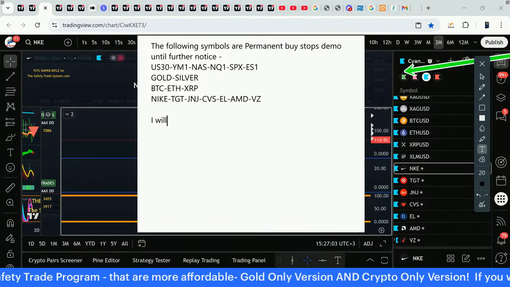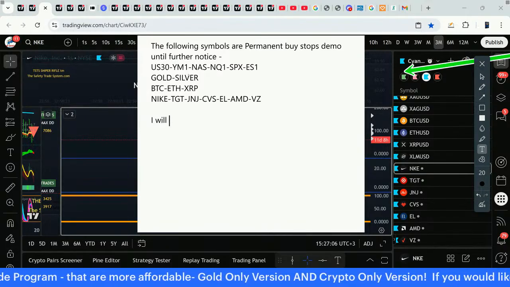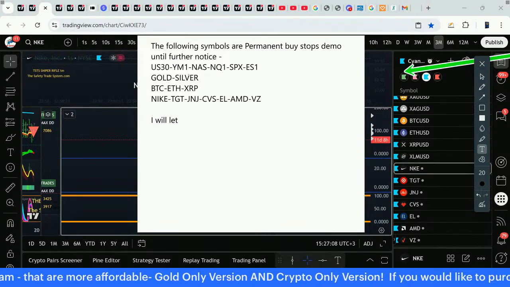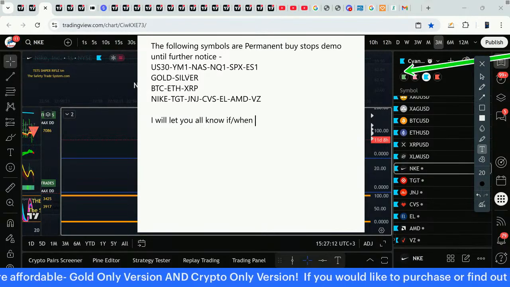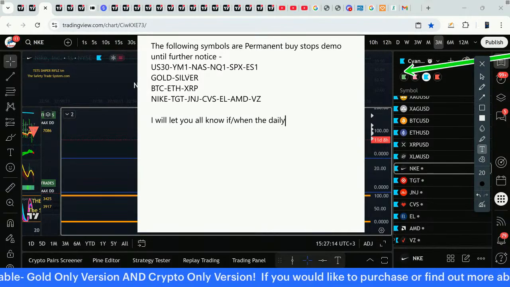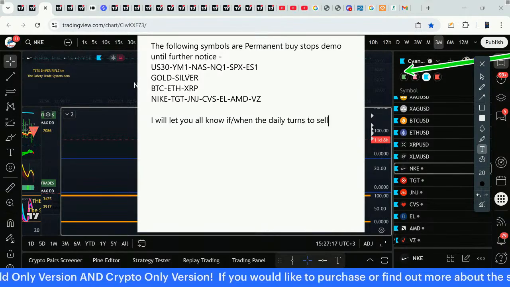I don't give a shit about news today if there is any. I will let you all know if and when the daily turns to sells.